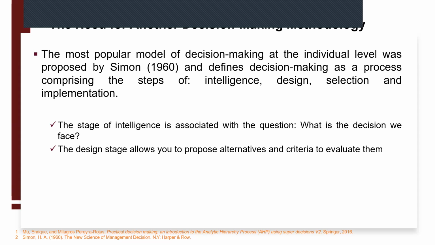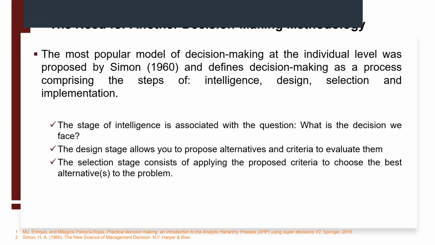Then the next step is the design stage, where you propose alternatives and criteria to evaluate those alternatives. Then the selection stage consists of applying the proposed criteria to choose the best alternative. And lastly is making the choice and implementing the chosen alternative.